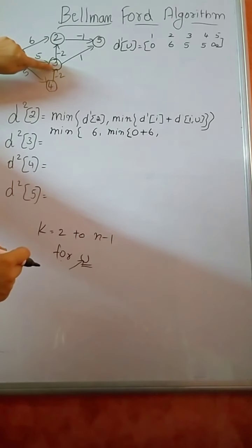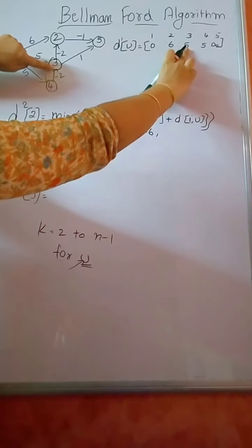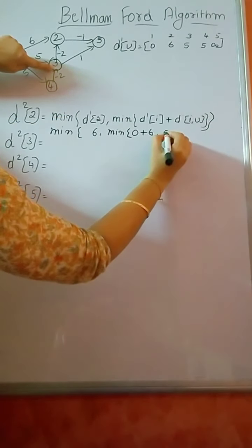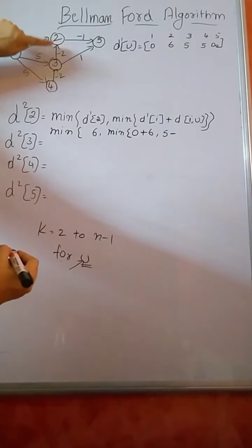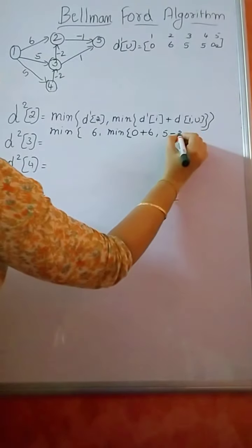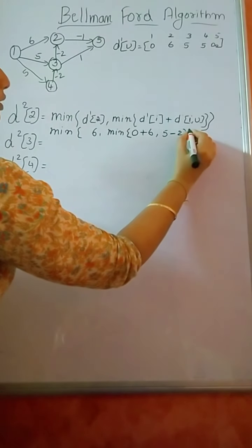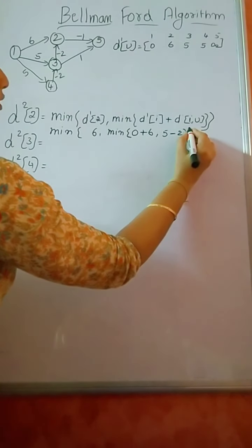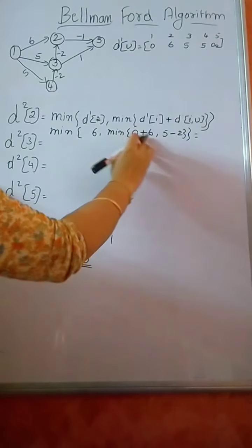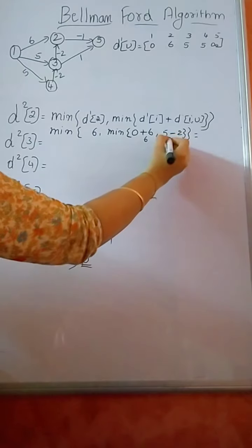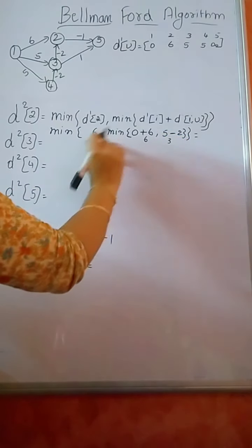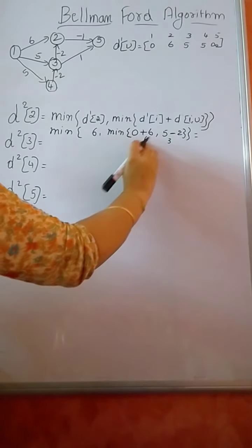What is the previous distance to 3? It is 5. Minus, the distance from 3 to 2 is minus 2. Got it? Now it is min of 6, 6, and 3. Which is the minimum among 6, 6, 3?